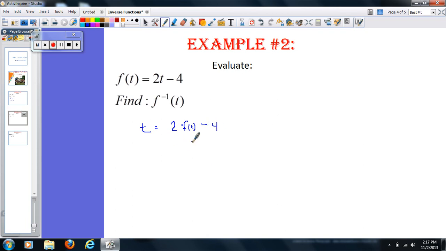And now I'm going to solve for f of t. So I'm going to start by adding 4 to both sides. I get t plus 4 equals 2 f of t. And now I'm going to divide by 2.